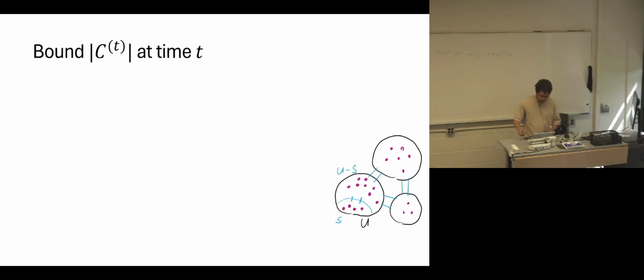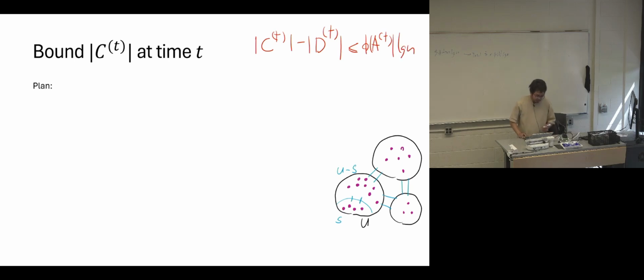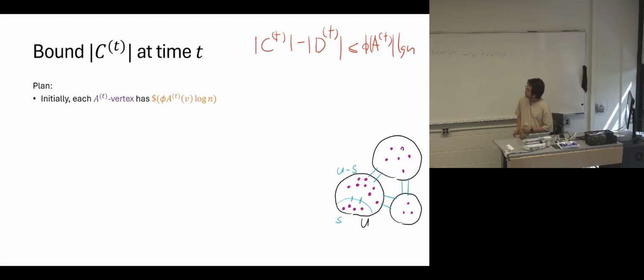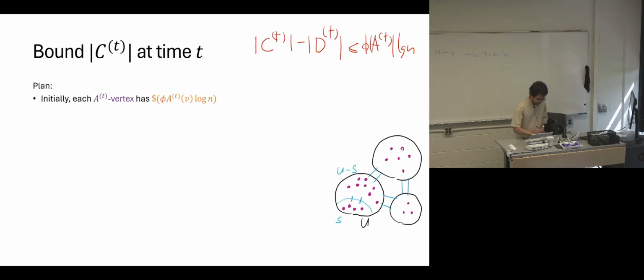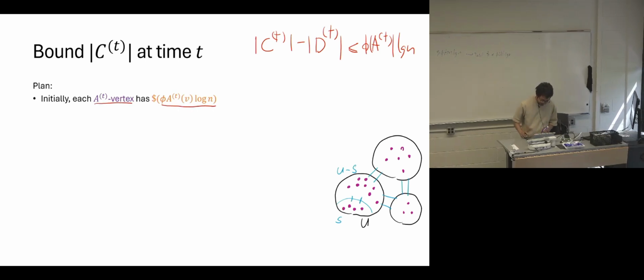So what I want to say is, let's say that at any time t, we want to say that C at time t minus D at time t is small, like O(log n). So the plan is similar to class. Give this much money to every node.